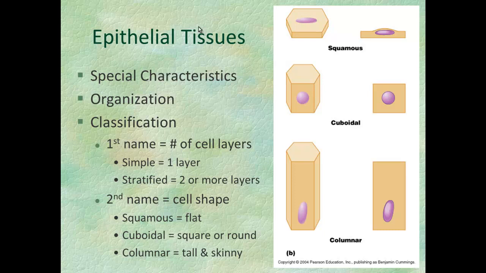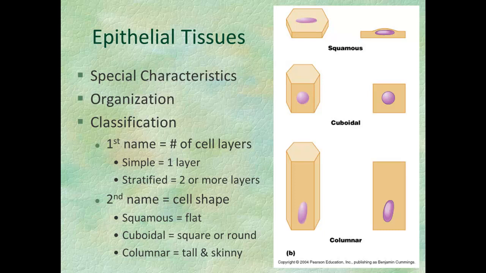If the cell is flat, like floor tiles, we refer to it as squamous. If the cell is more or less cube-shaped, what that means is basically the same width as height. It may not be exactly cube-shaped, it may be more round, but if it's approximately the same width as height, we refer to it as cuboidal.